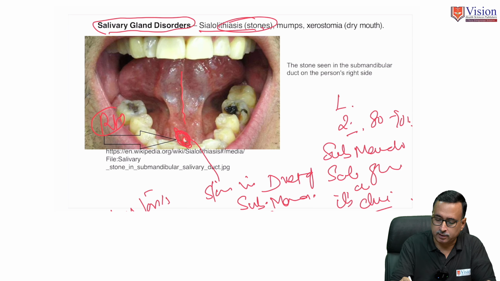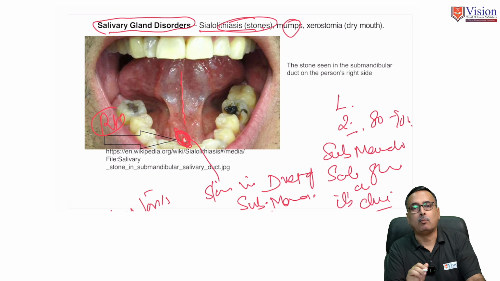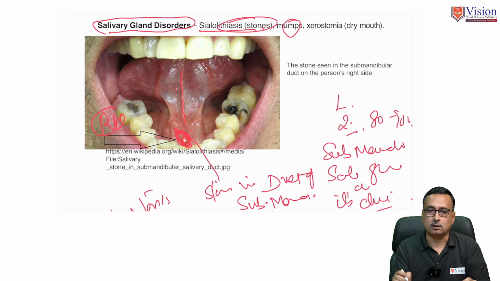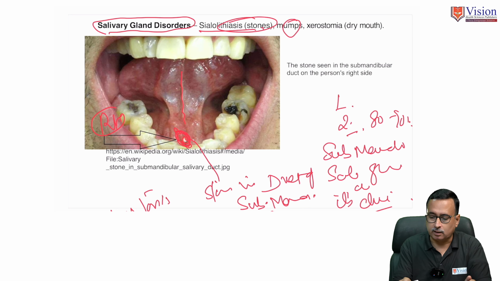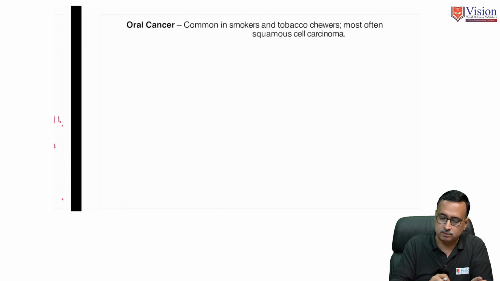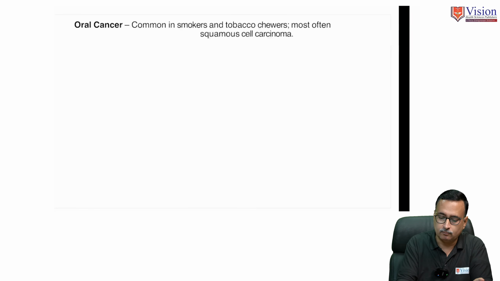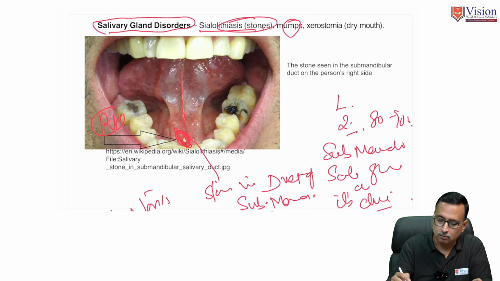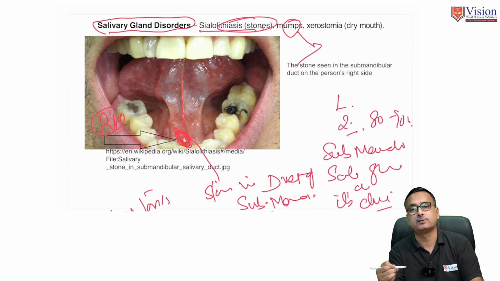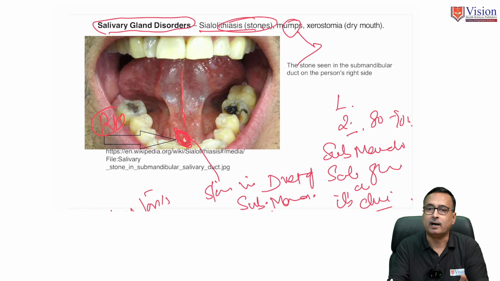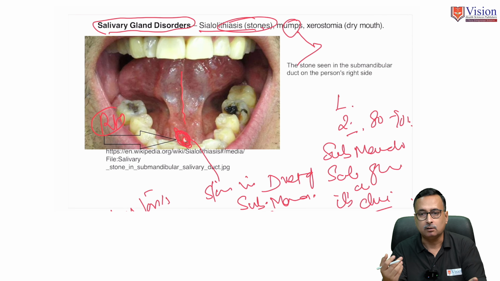And another condition is mumps. Mumps is a highly infectious disease. It can spread from one person to another by aerosols, by droplets containing the virus.